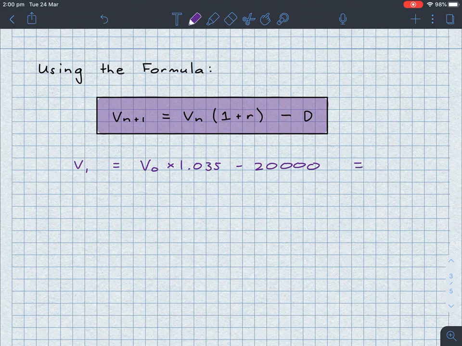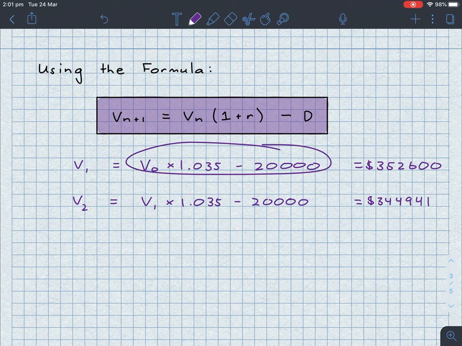So we already know that that's going to be $352,600. Then the value at the end of the second year is going to use that value times by 1.035, take away $20,000, and we get $344,941.